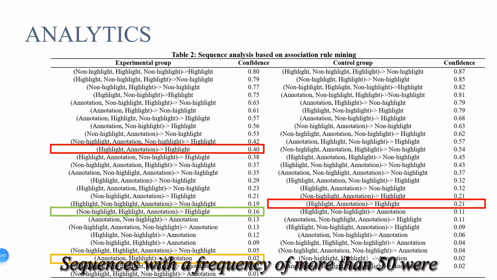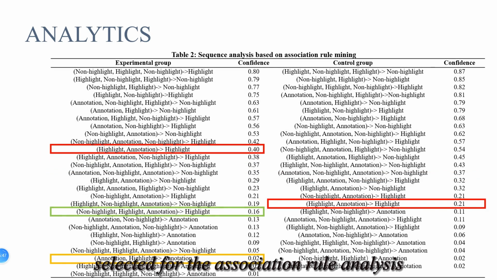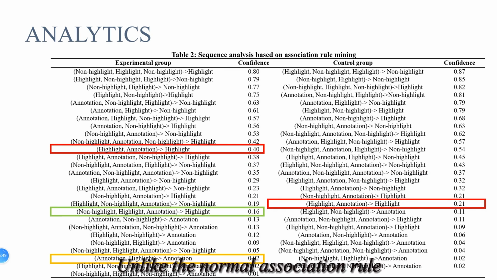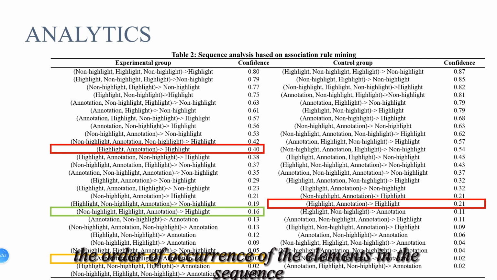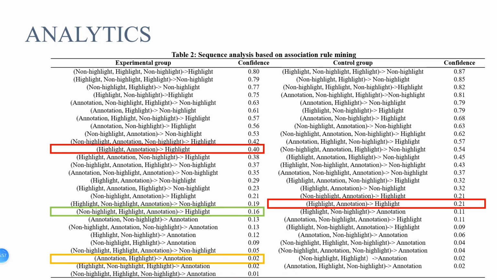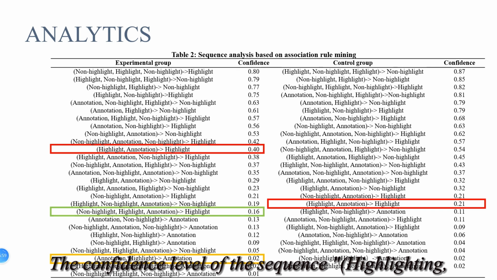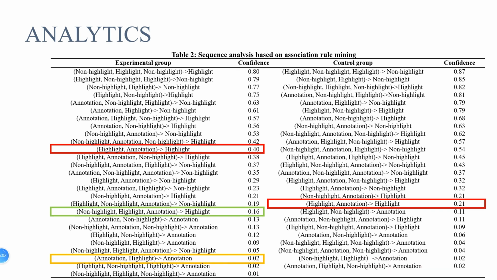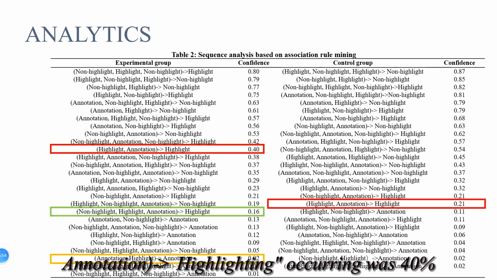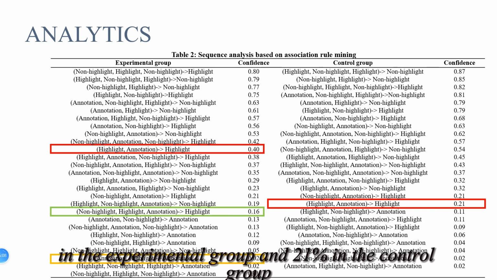Sequences with a frequency of more than 50 were selected for the association rule analysis. Unlike the normal association rule, the order of occurrence of the elements in the sequence was considered here. The confidence level of the sequence annotation occurring was 40% in the experimental group and 21% in the control group.